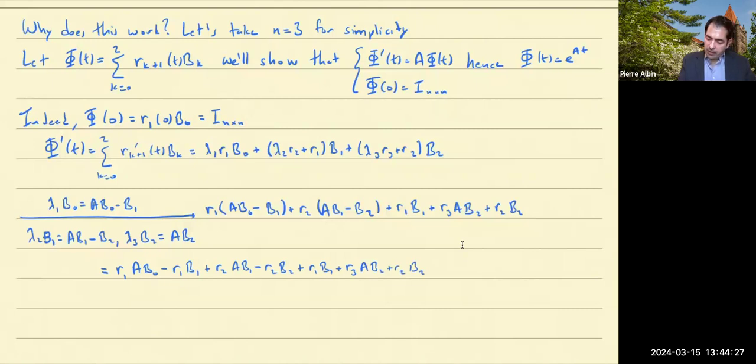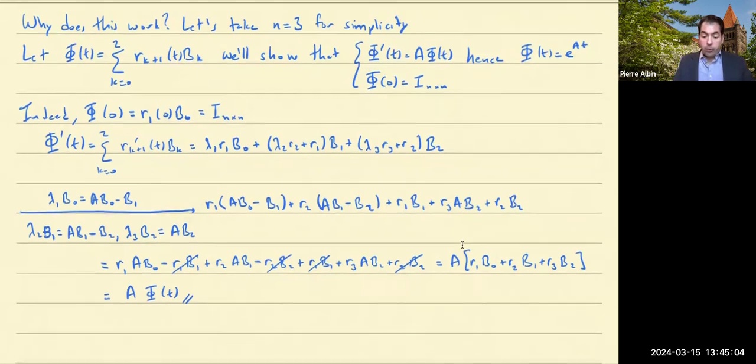Now notice that I can cancel this one with this one and this one with this one. And so the terms that are left all have an A that I can factor out, and then I end up with R1 B0 plus R2 B1 plus R3 B2. And that's exactly A times phi of t, just like we wanted. Okay, so that's why Putzer's algorithm works.